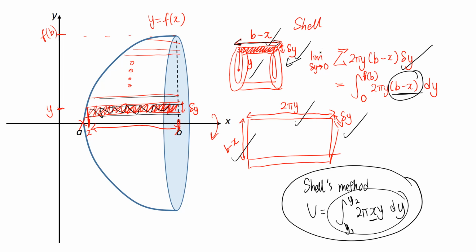And when you sum it up and find the limit when change in y tends to 0, this is where you are able to find the formula of the shell method that is applicable to the question that you're trying to solve.